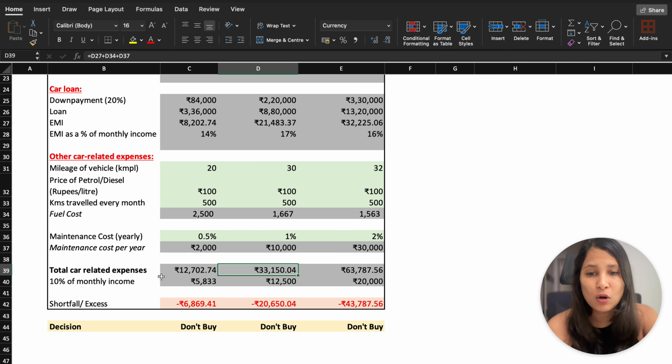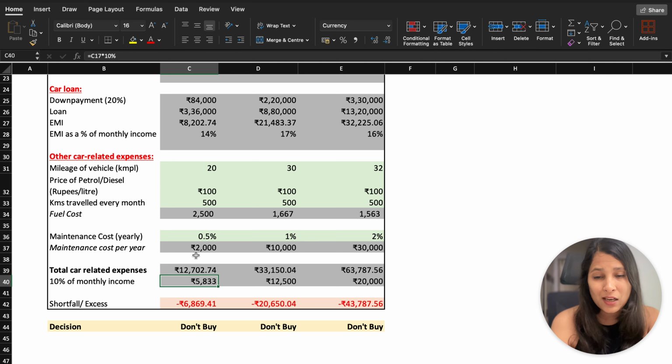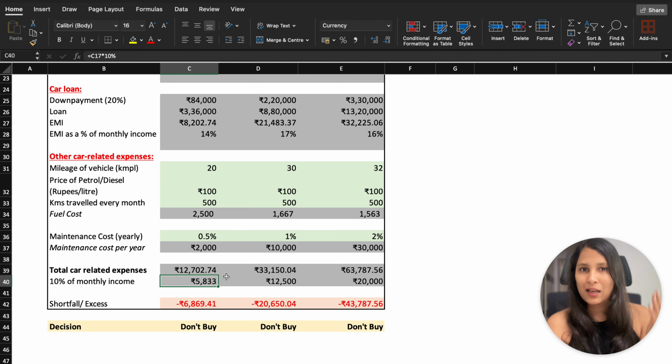So, you will see over here that in the first case, your monthly expense should be 5,833 rupees. But based on the actual numbers, your cost will come to 12,000 rupees, which simply means that you are spending more than what the thumb rule has suggested. The thumb rule suggested you should incur 10% as an expense, but you're incurring more than that, right?